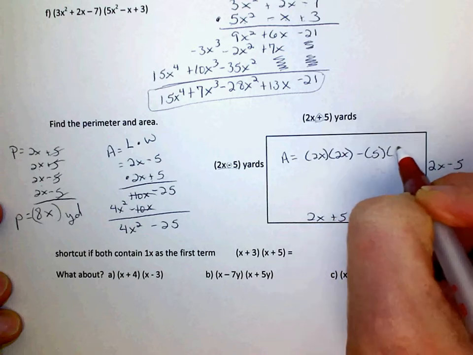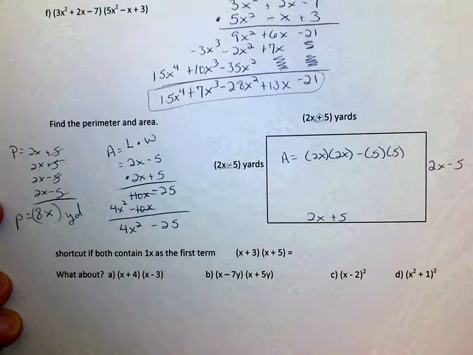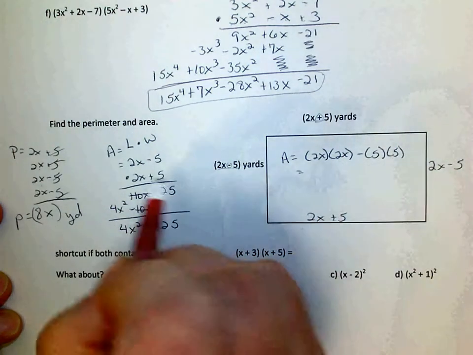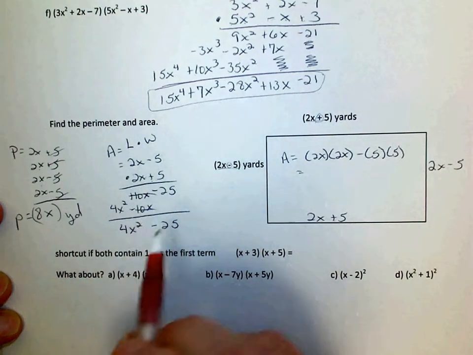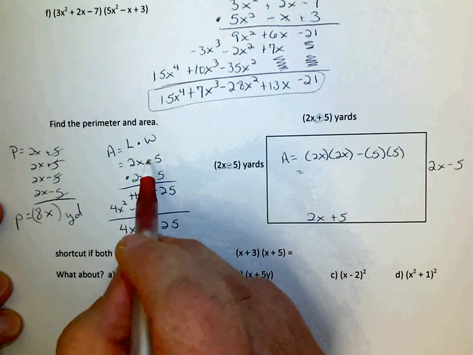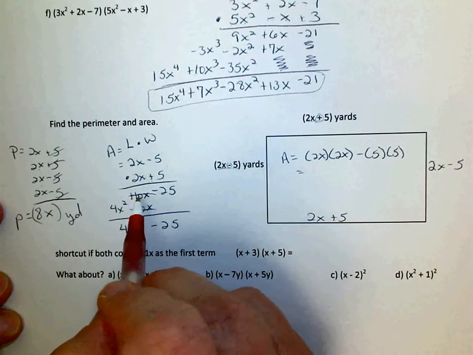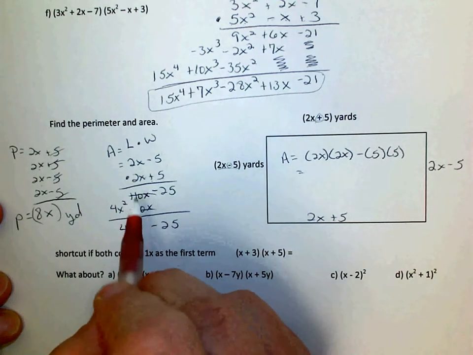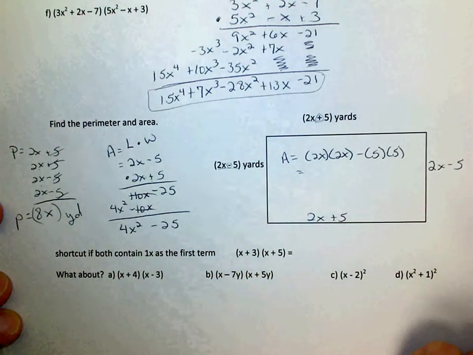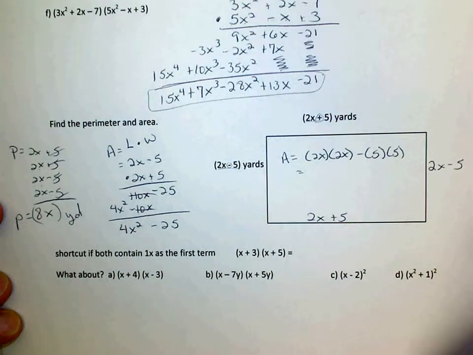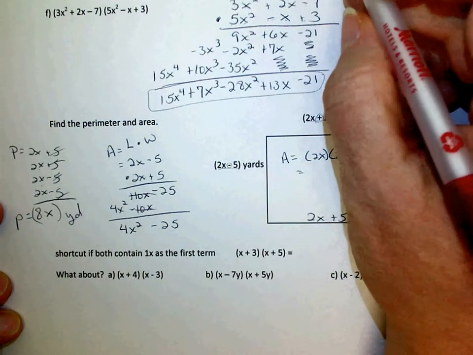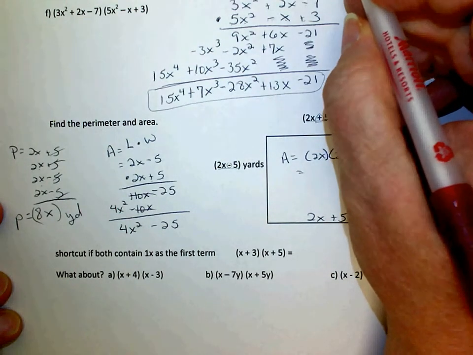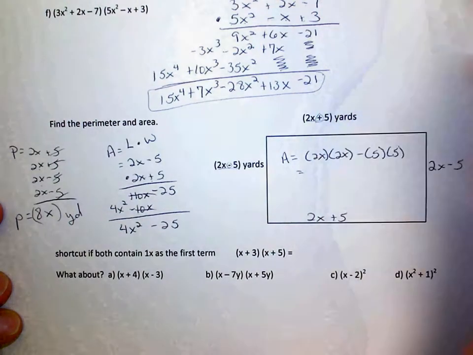You can shortcut this one because of this property right here. Because one's a plus and one's a minus, these end up opposite sides, so that middle piece drops out. But notice when there's 2 pieces with the same sign in the middle, you end up with 3, always, always, and forever.